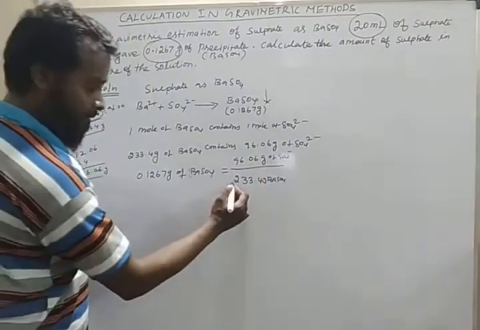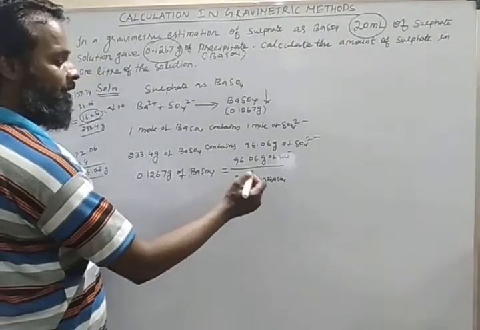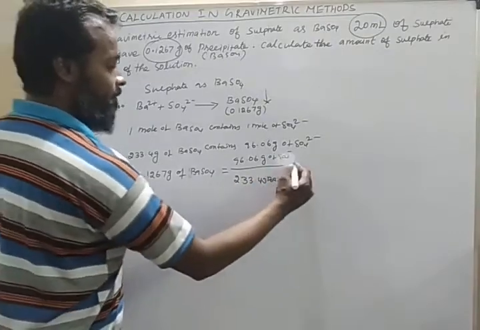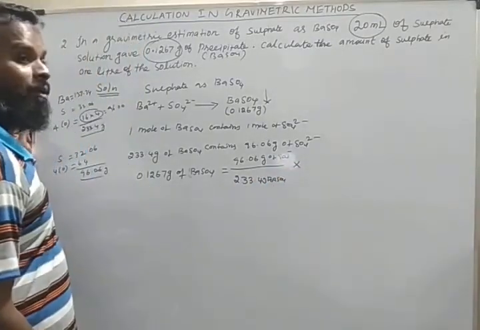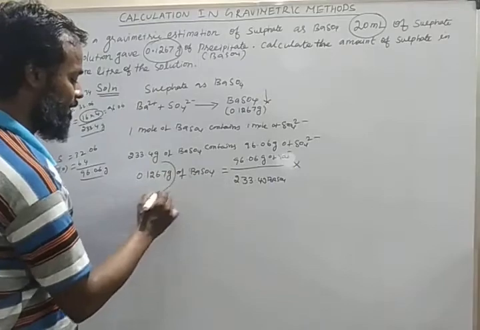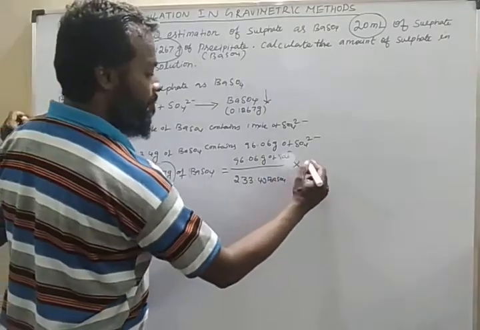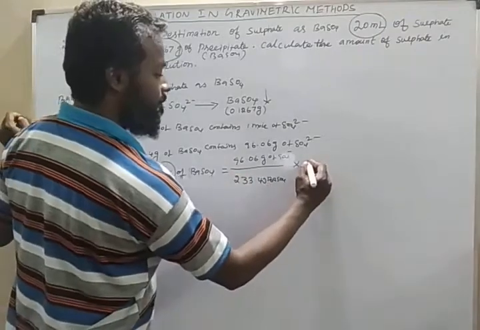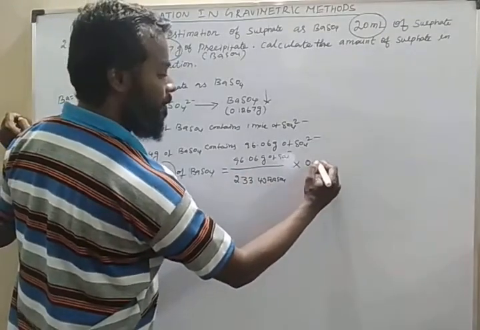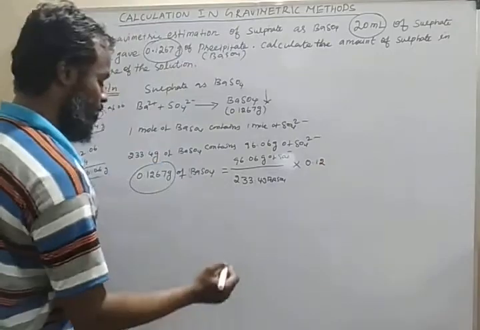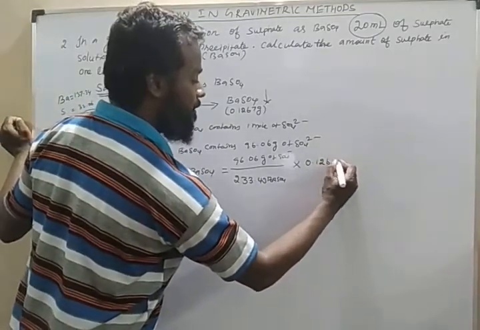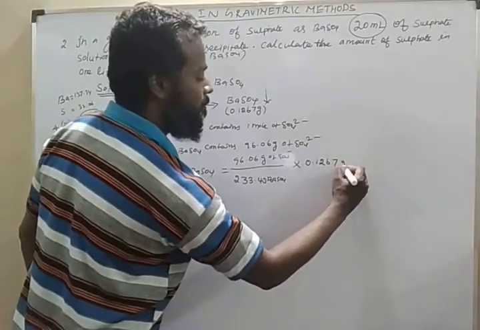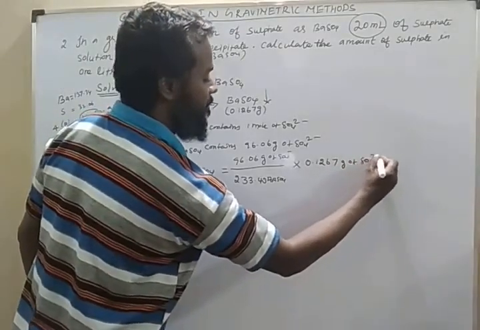If 233 gram of barium sulfate contains 96 gram of sulfate ion, then what is the amount of sulfate present in this much amount of barium sulfate? If we multiply this value with the precipitate amount, then we will get the amount of sulfate present in 0.1267 gram of sulfate.